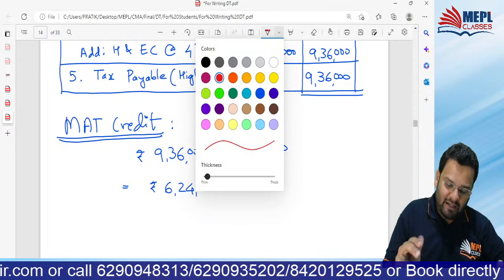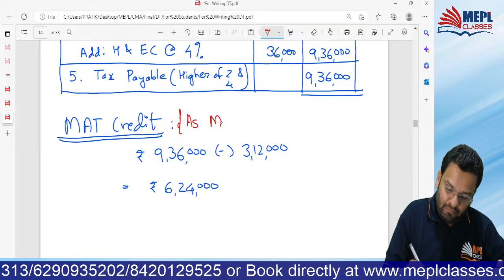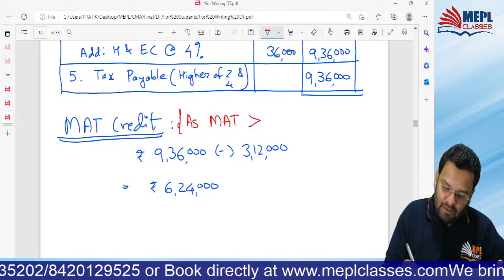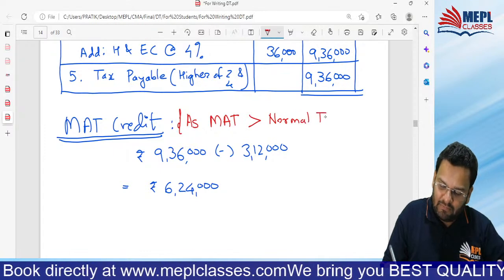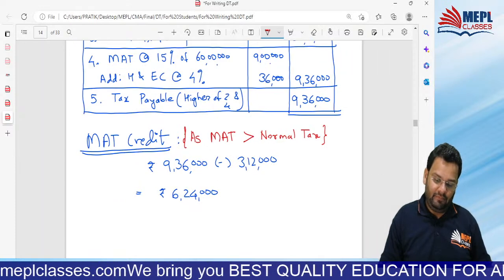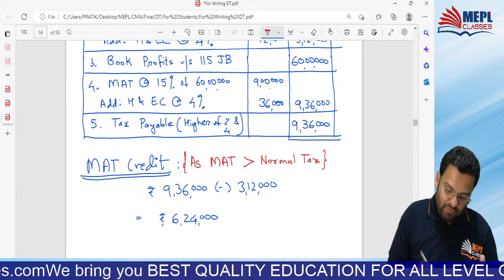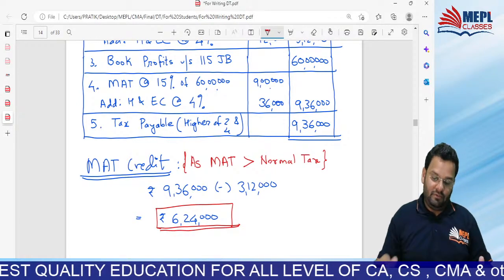And why there is a MAT credit? As MAT is higher than normal tax. That's why there is a MAT credit. There is a MAT credit of 6,24,000.